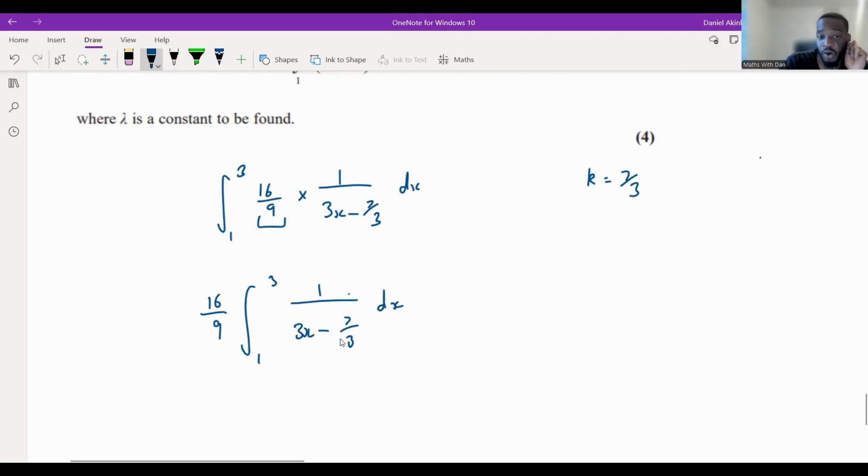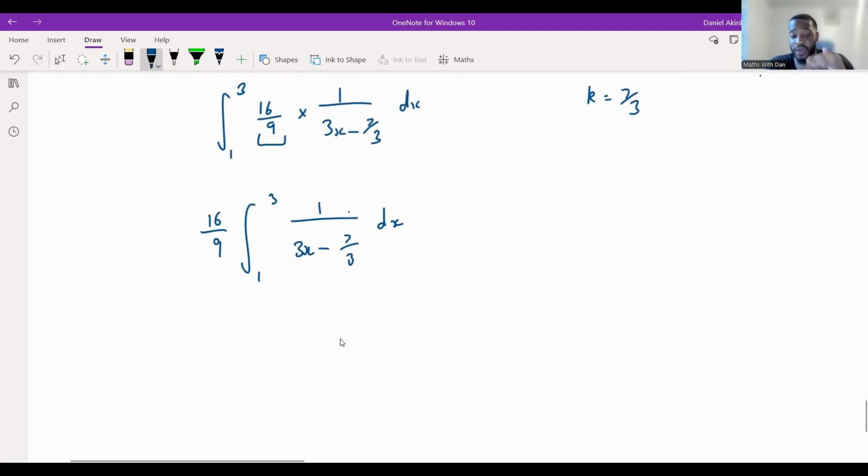Now, how do I integrate this? Well, firstly, what you should always look for when you're integrating fractions is ask yourself, what happens when I differentiate the denominator? Can somebody tell me, please, what do I get when I differentiate 3x minus 7 over 3? What does that equal to? Exactly. It's equal to 3, isn't it? Pretty straightforward.